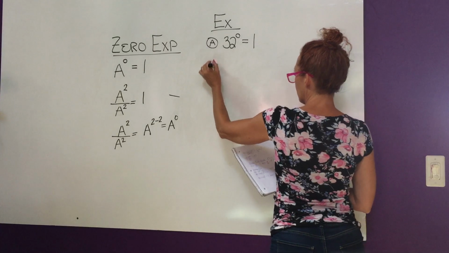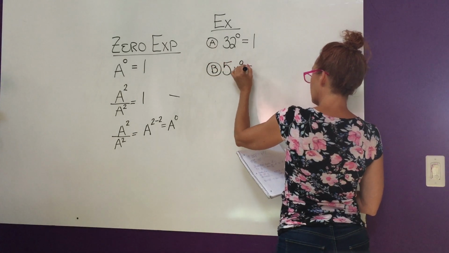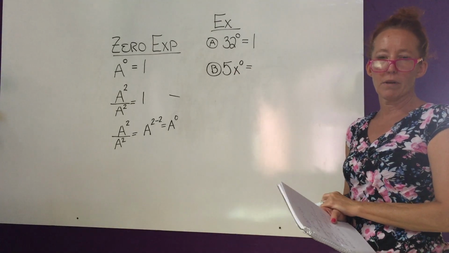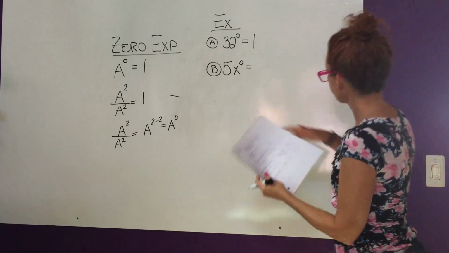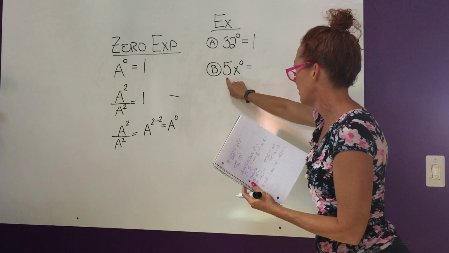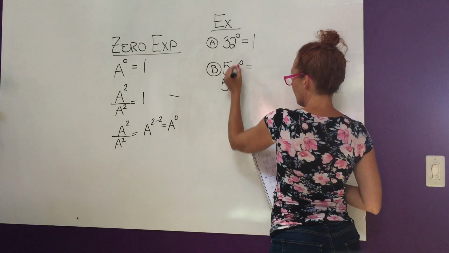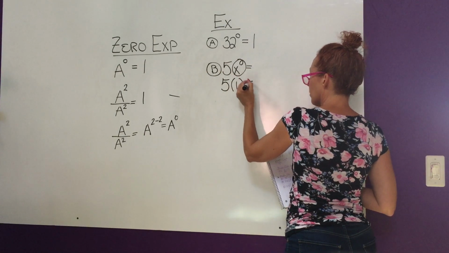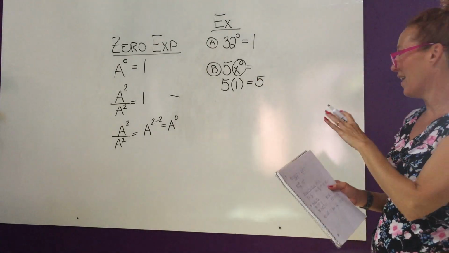It could be that part of your term is taken to the 0 power, and you want to be very careful, because in x to the 0, this part right here is not taken to the 0 power. So 5, this part right here is equal to 1, so this whole thing is equal to 5.